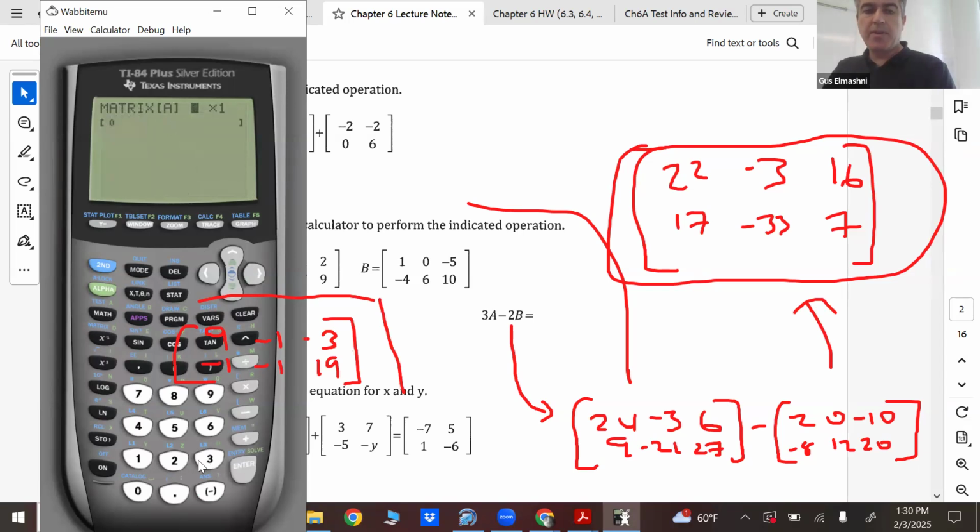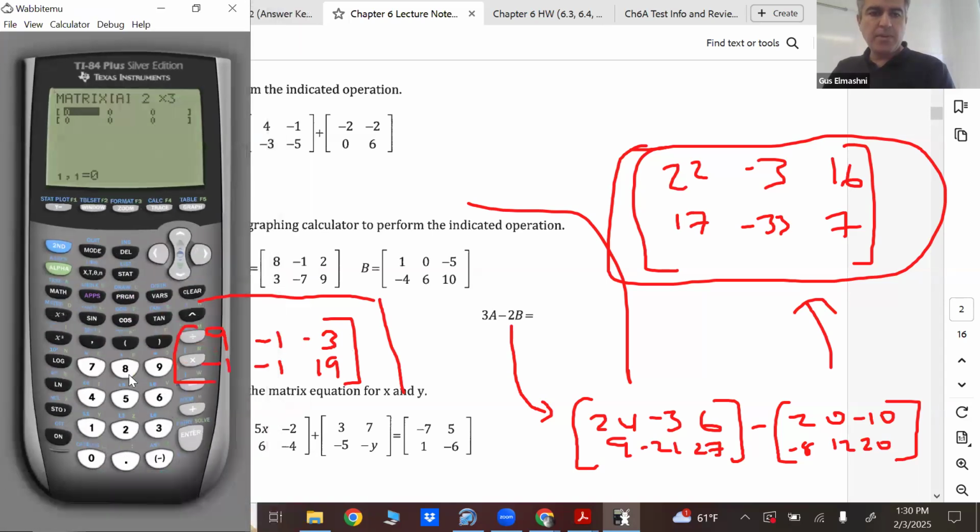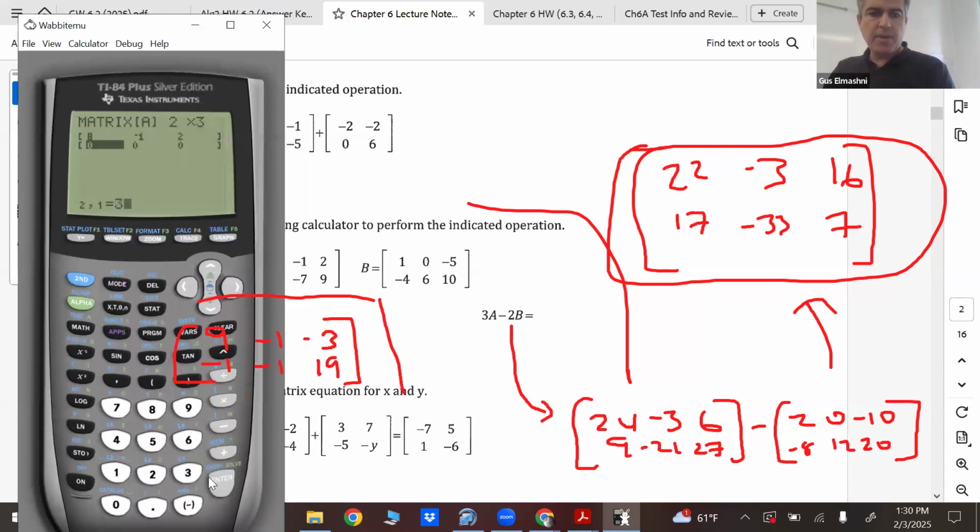So if I do this one and make a 2 by 3, this is all recorded, so you can watch this later. A was 8, -1, 2. Make sure you put a negative, not a minus sign. And the next row was 3, -7, 9.